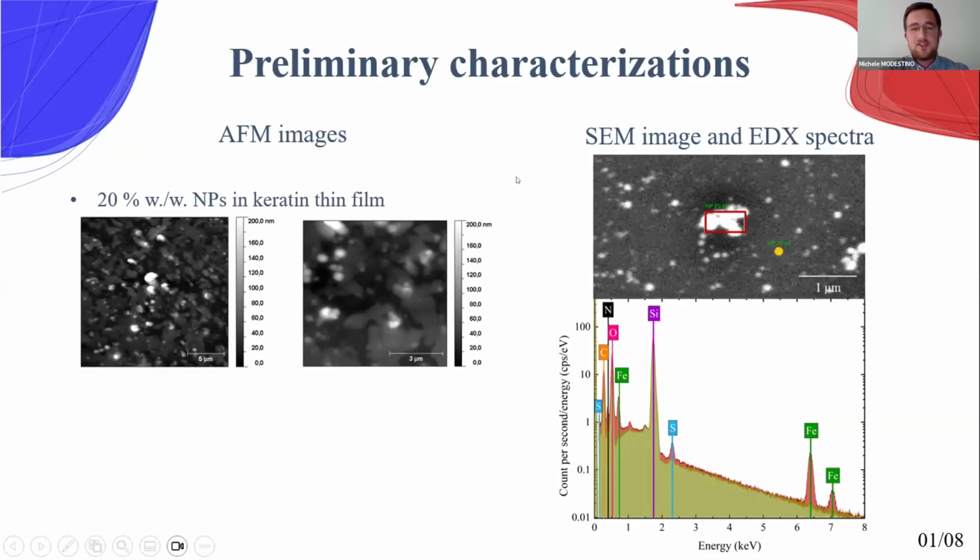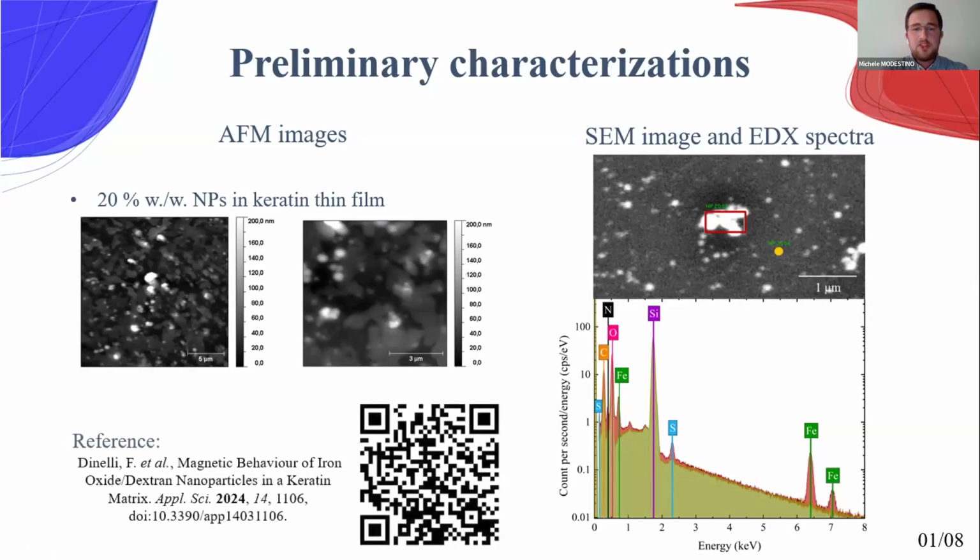So, starting from these characterizations, we are able to see that nanoparticles are agglomerated in these regions with the highest thickness. In our magneto-optical study, this was important information to search for magnetic nanoparticles. More details about these preliminary characterizations are present in the reference.